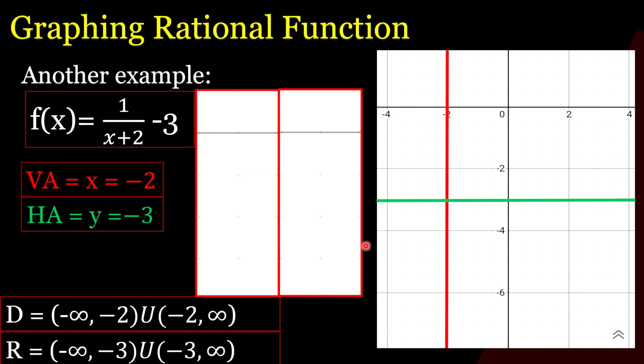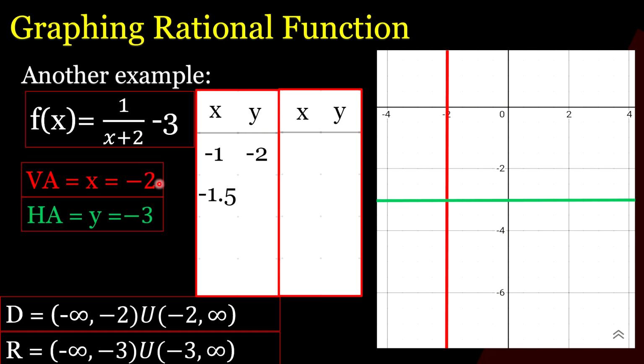So gawa ulit tayo ng table, x, y. So ipa-plugin lang ulit natin yung negative 1, 0, negative 1.5, and negative 1.75. So negative 1, ilalagay natin negative 1 sa x. So negative 1 plus 2 is positive 1, and 1 over 1 is 1, and 1 minus 3 is negative 2.